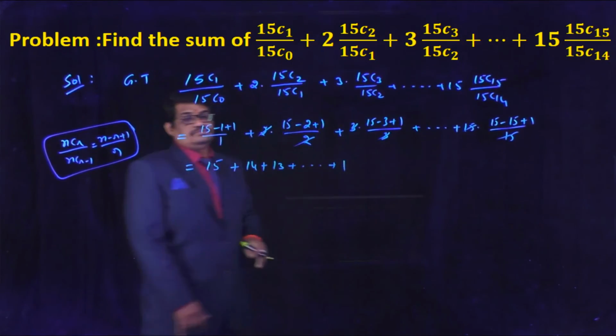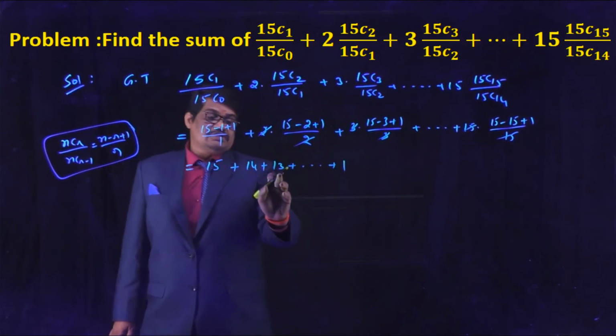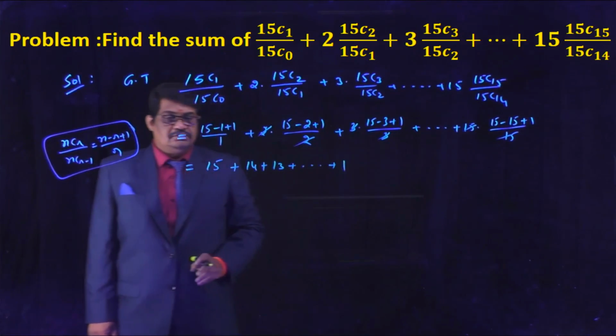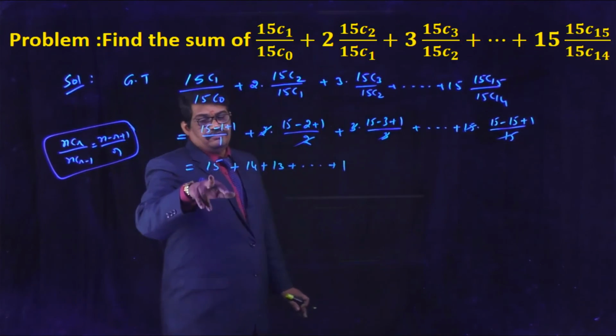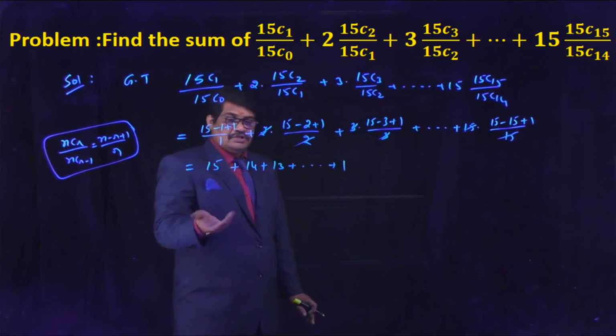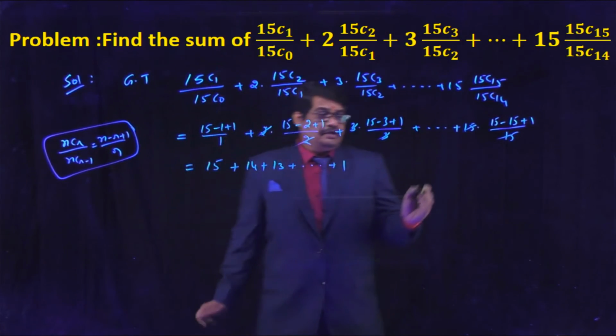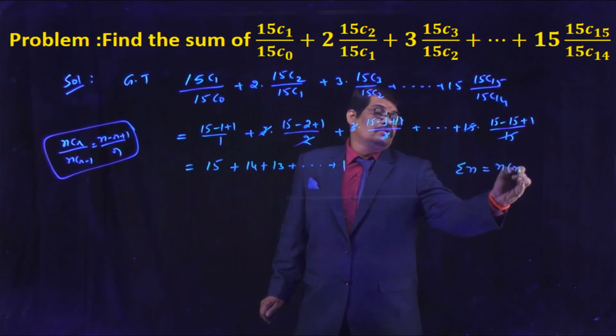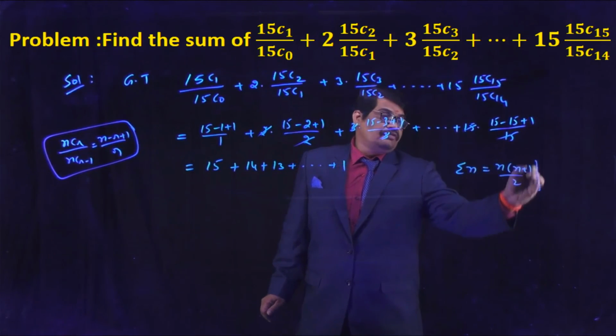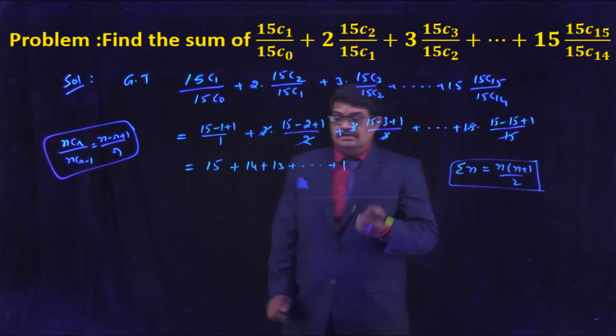That is 15 plus 14 plus 13 and so on to 1. This is the sum of n natural numbers, 15 natural numbers. So what is the sigma n formula? It is sigma n, that is n into n plus 1 by 2, the sum of n natural numbers. Here n is 15.